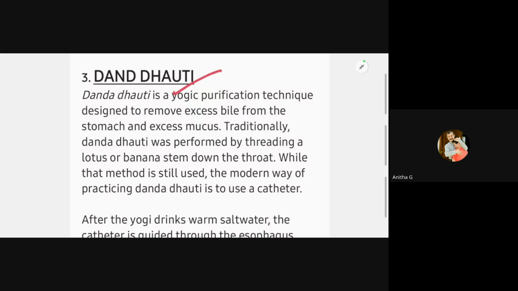Danda Dhoti is the third type of dhoti in our syllabus. Before this we covered Vaman Dhoti and Vastra Dhoti. Traditionally we used to do Danda Dhoti with the middle part of the banana stem, turmeric, and also bans, a kind of bamboo-like stem.